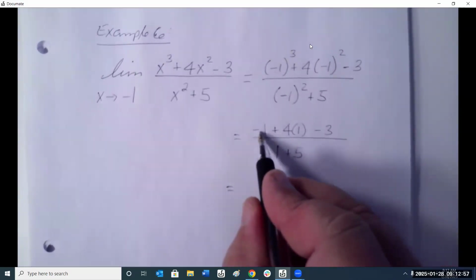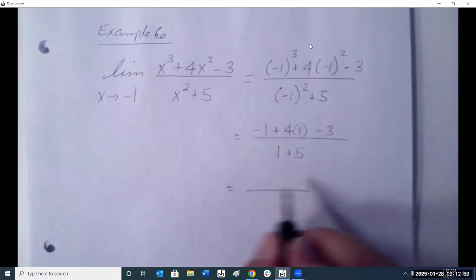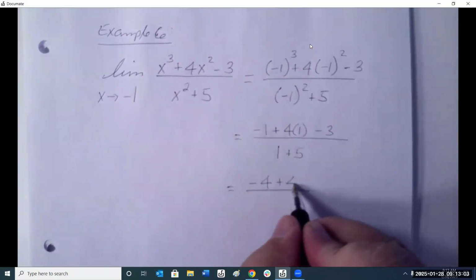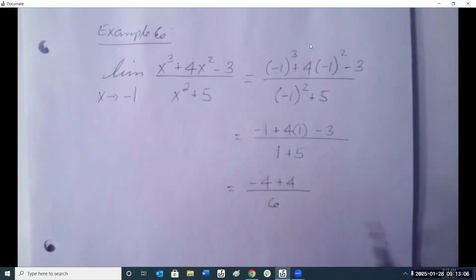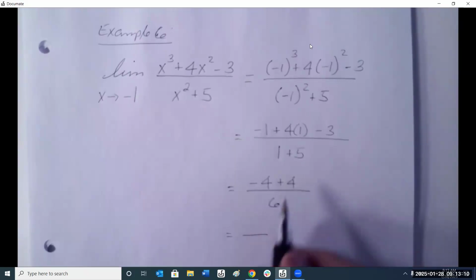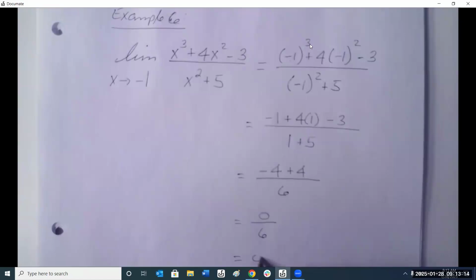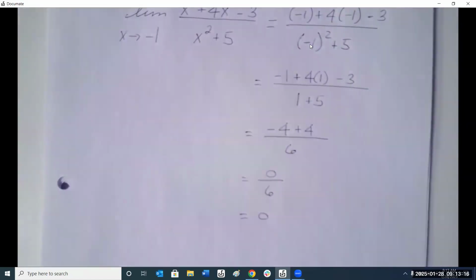So we have -1, -3 makes it -4. Plus 4 times 1 is 4, over 6. -4 plus 4 is 0. So the answer is 0. That's the limit. So all it says is as x approaches -1, the y value approaches 0, which gives us our x-intercept.